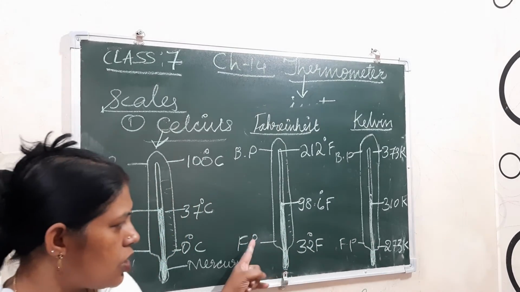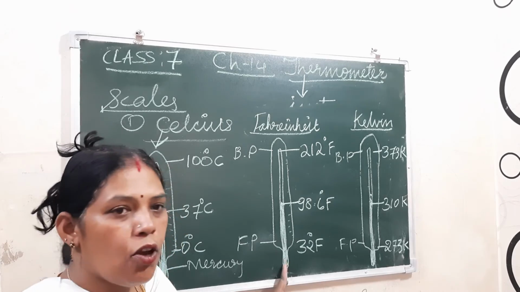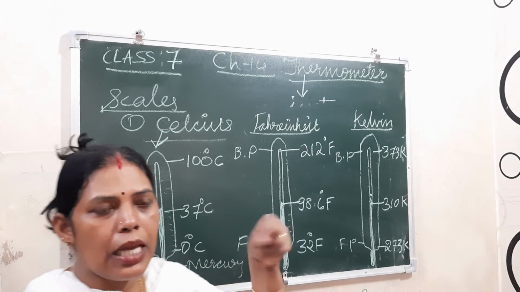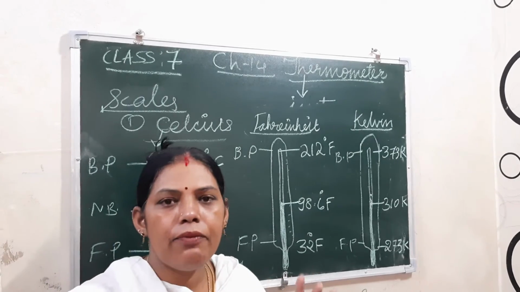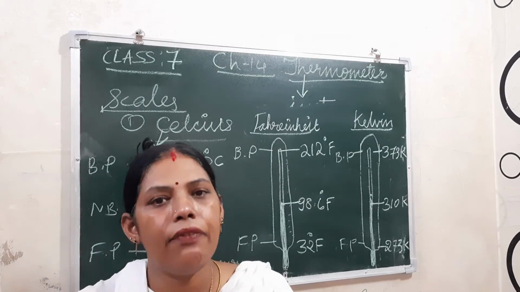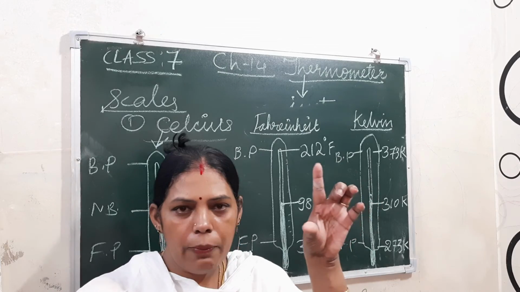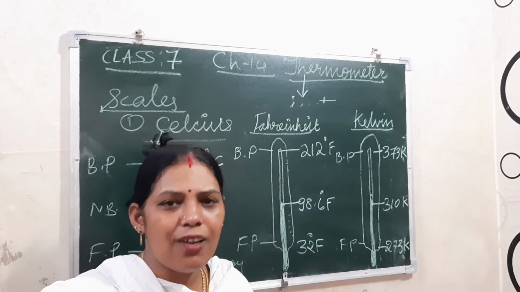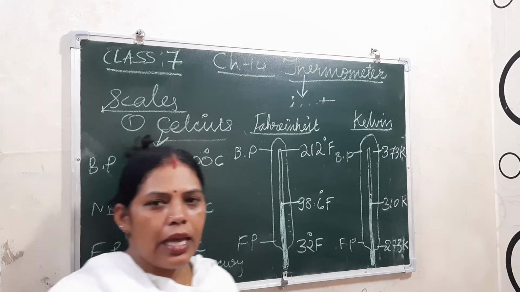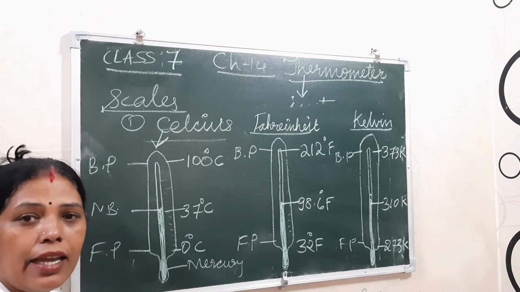Here also the mercury is there. Sometimes when one person's measurement is taken, and then we measure another person, the reading will still be at that level. Then we just have to give a jerk to it, so that the mercury level comes down again.